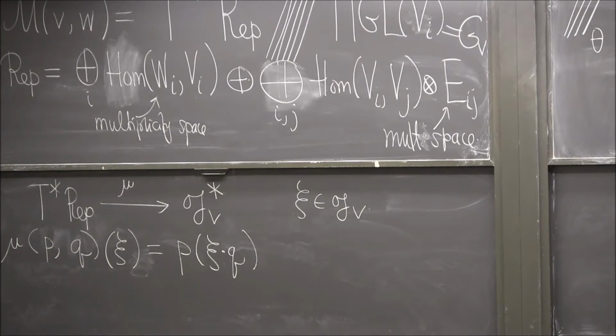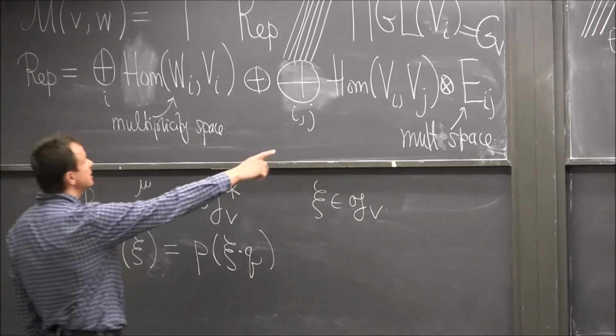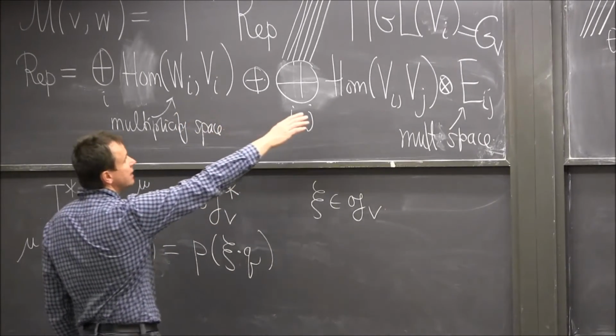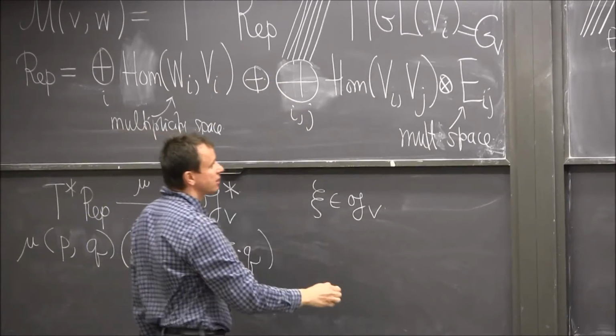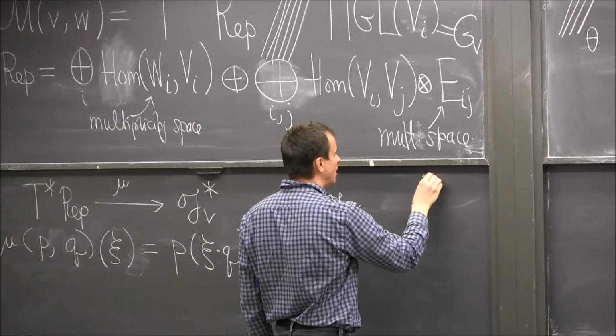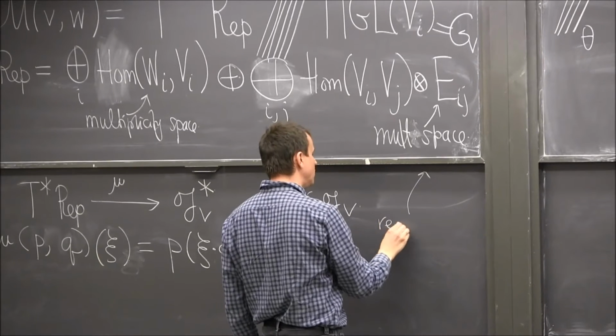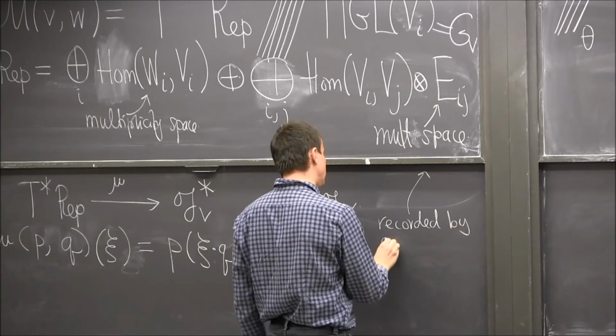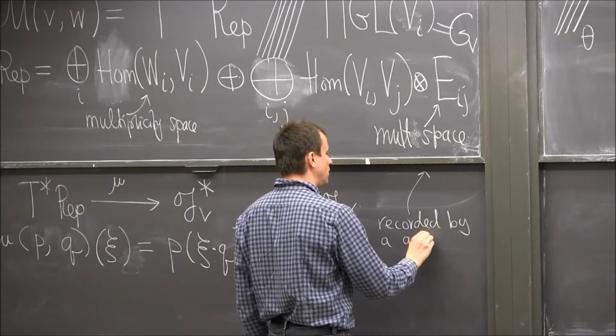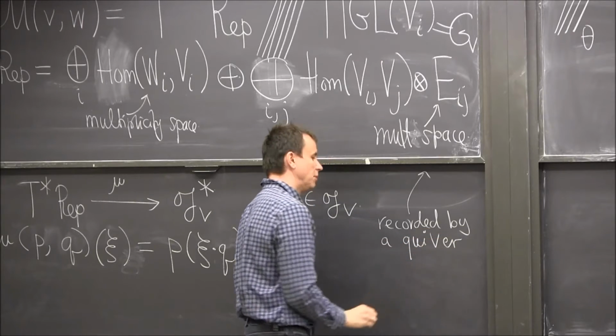And so what's the data here? The data of this Nakajima variety, these multiplicity spaces, are recorded by a quiver. A quiver is a bunch of arrows.